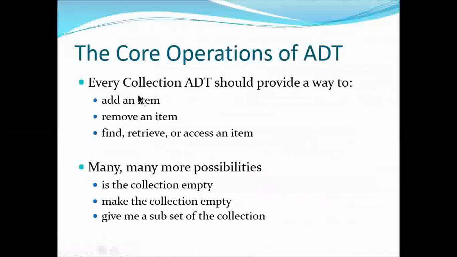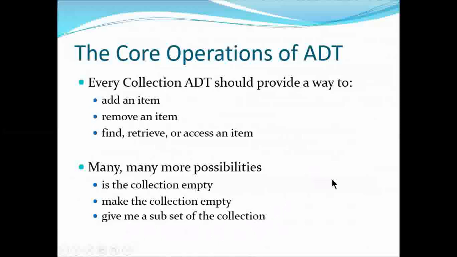The core operations of abstract data structures: the collection of ADT should provide a way to add an item. So if you want to add an item, you can use ADT, remove an item, retrieve, process, even find. It has many more possibilities that we can talk about, such as making a collection of empty data structure, or you can actually have a subset of that collection of data structure.